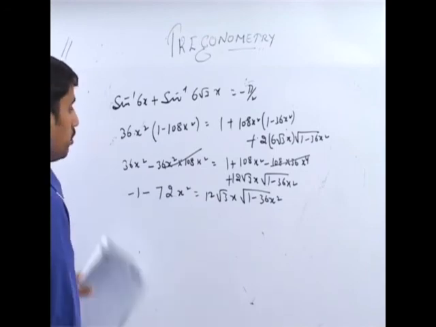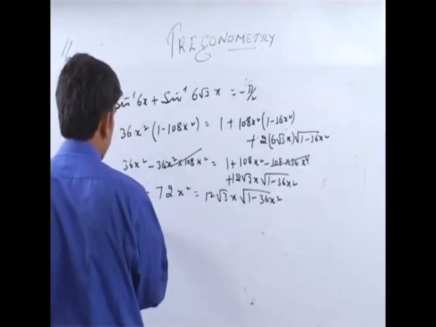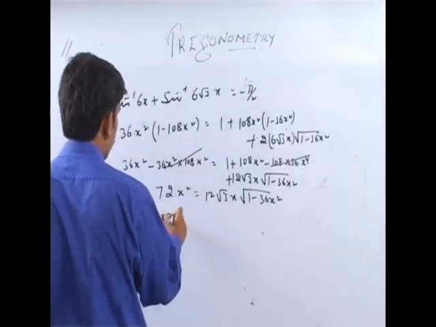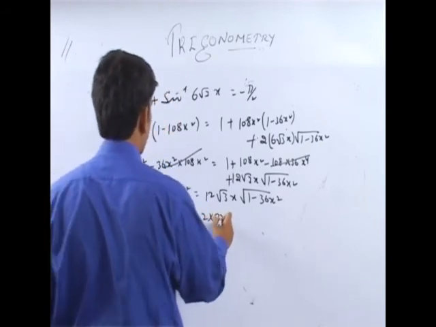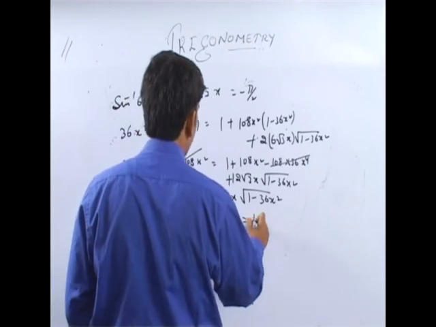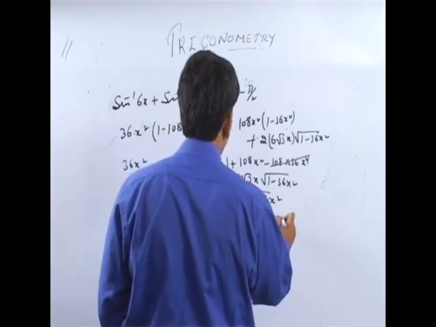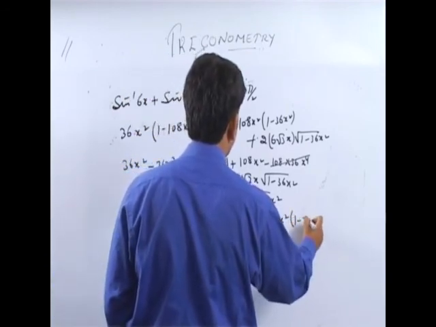Now again when you take the square of this term, you will get 1 plus 72 into 72 x4 plus 2 into 72 x square will be equal to 144 into 3 x square into 1 minus 36 x square.